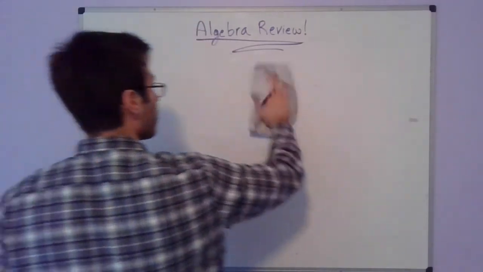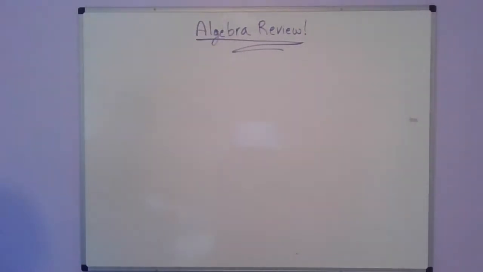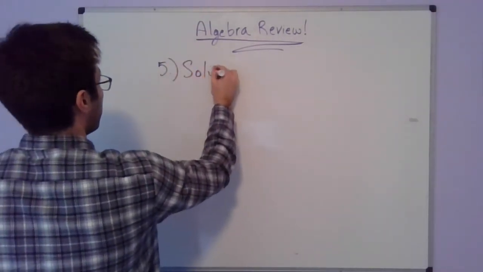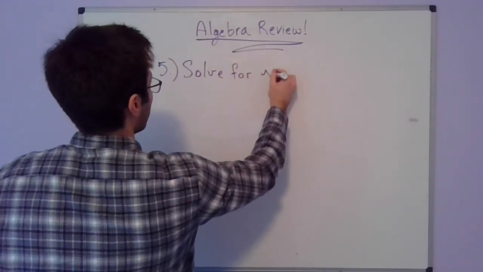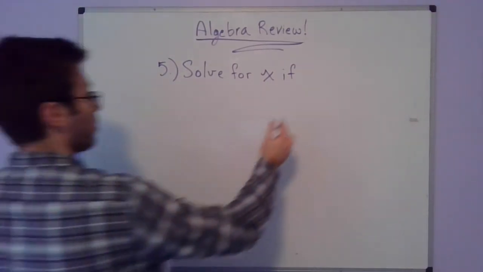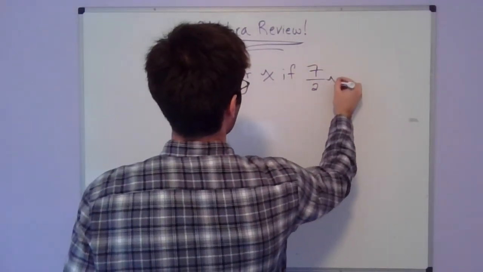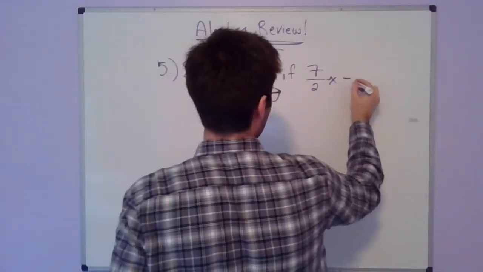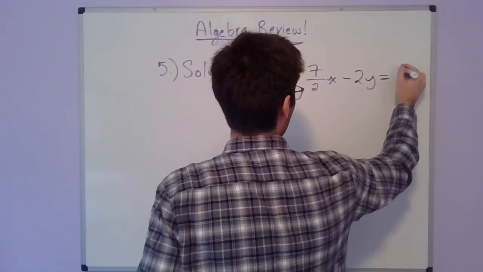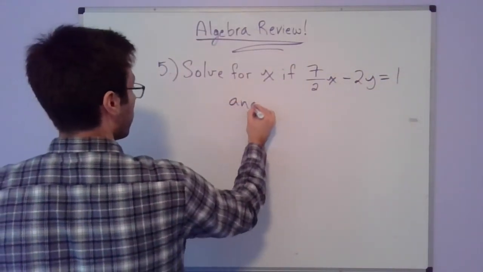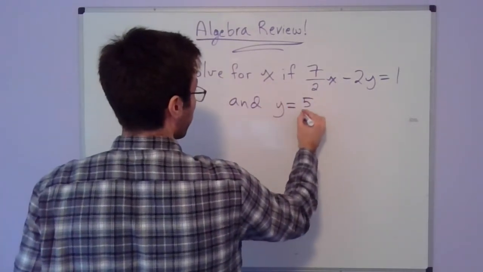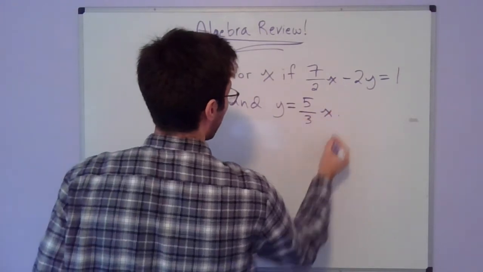There's only 7 columns here, so I'm going to run on to 5. All right, this is the best one, I think, on this. 7 halves x, 7 divided by 2 times x minus 2y equals 1, and we're given that y is equal to 5/3 x.